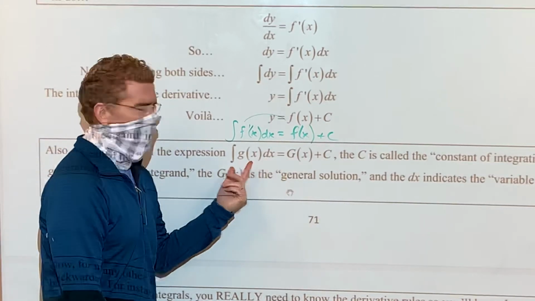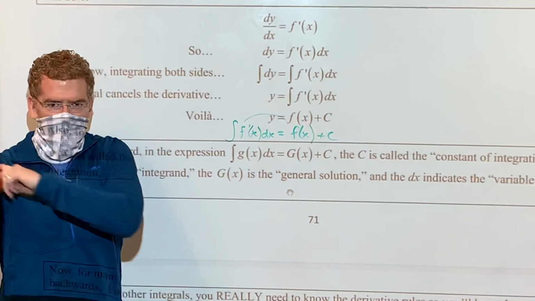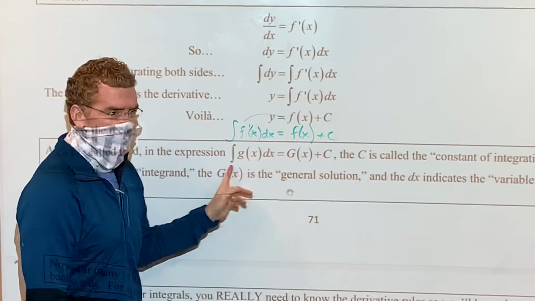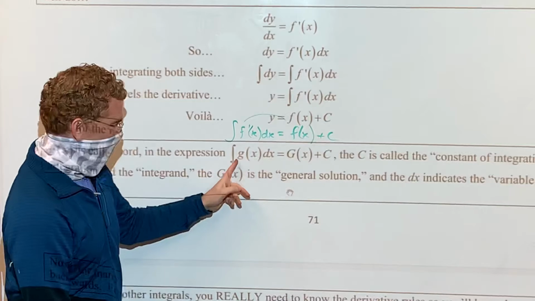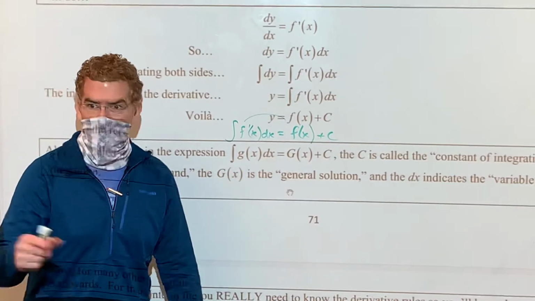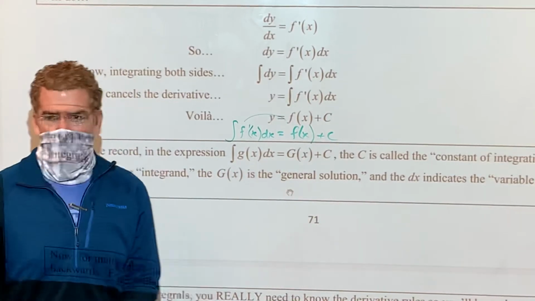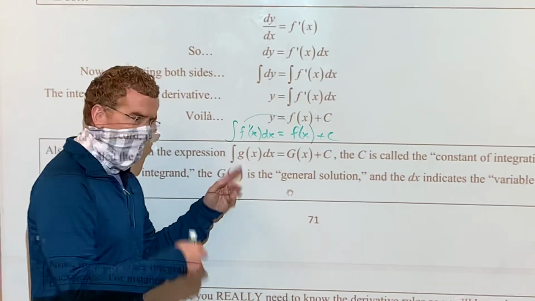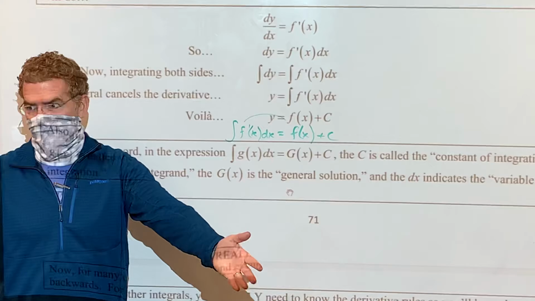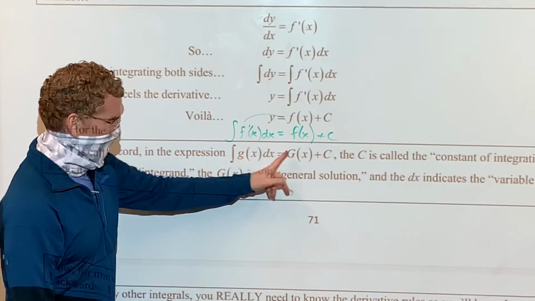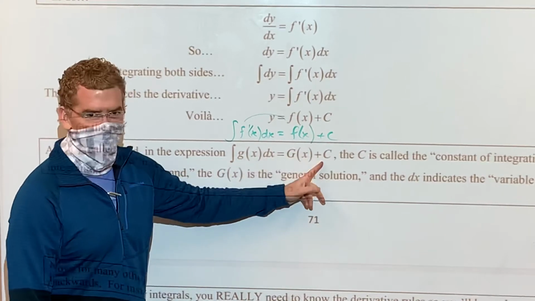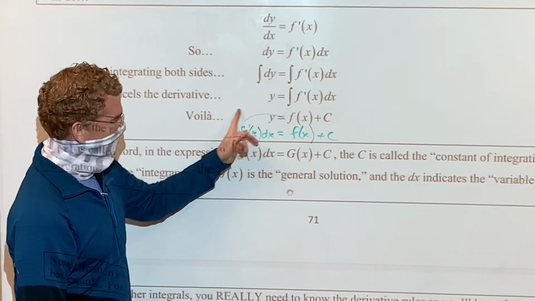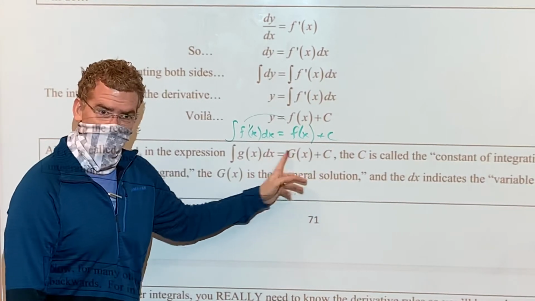Or if this is the daughter, this is the mother, right? It's where we came from. You with me? We capitalize it to be impressive. So when you see lowercase g and uppercase G, that's a big deal. Don't think you can just interchange those. It's a big deal in calculus. So typically, if it's not already named, and you see a letter there, it's an uppercase letter after you integrate. Are you with me? But if you see a derivative there, you're sending it back to whence it came. You tracking?